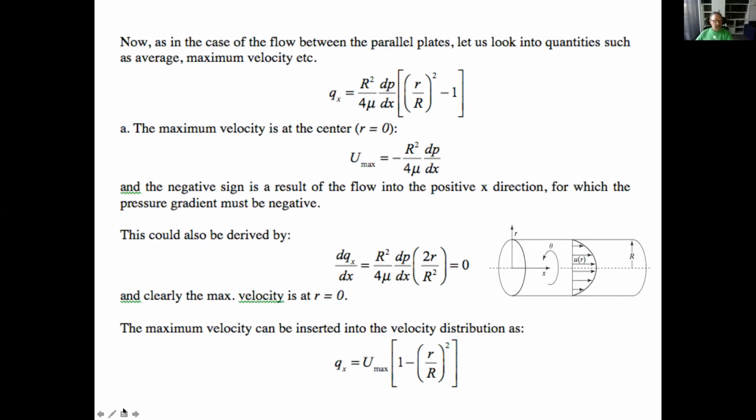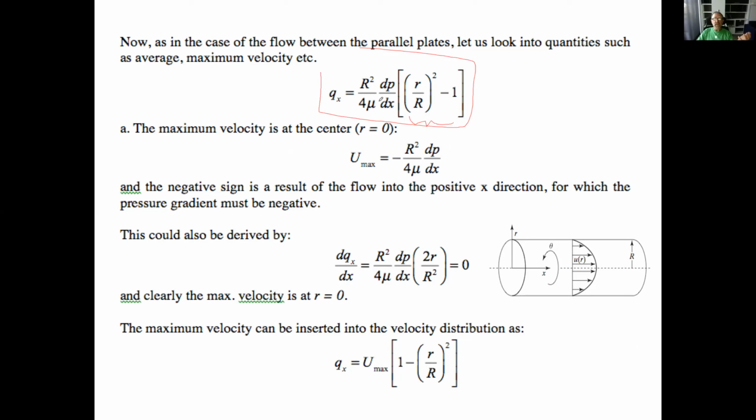So we'll do exactly what we did before, is we try to get certain quantities like an average velocity and learn more about the problem. Now, I copied again. This is the same equation I had before. Remember, this is the velocity profile. It's a parabola. It is 0 at the wall and maximum in the center, with linear pressure. What is the maximum velocity?